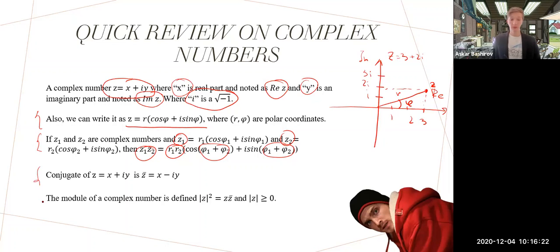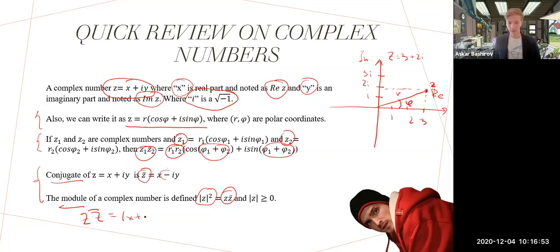Now let's take a look at the conjugate and the modulus. The conjugate of z is just z with the imaginary part having a different sign. We just multiply the imaginary part by -1, and we get the conjugate. The modulus of a complex number is defined a little differently than we're used to: the modulus squared equals z times z conjugate. Now let's show really quickly that z times z conjugate is actually a real number, not complex.